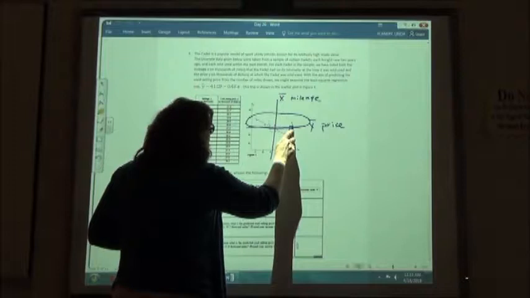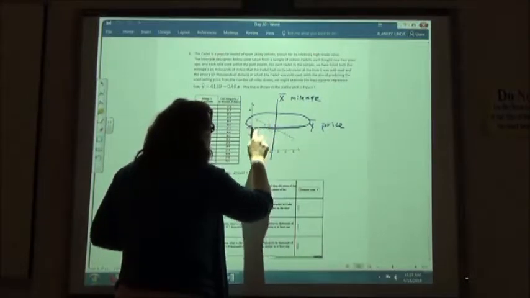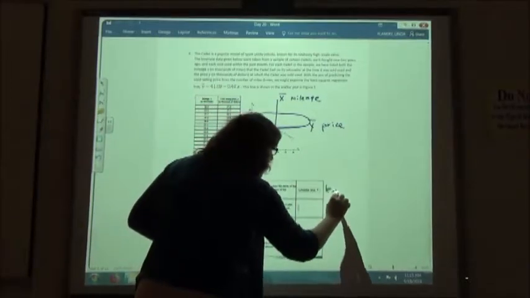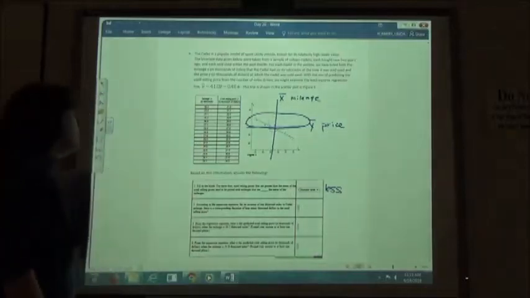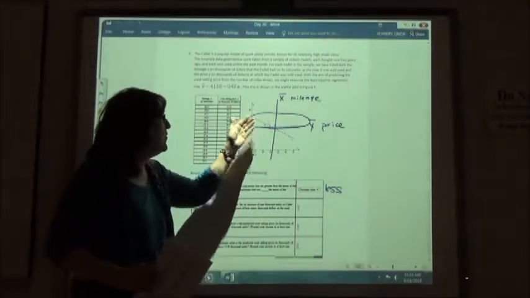Do I have more mileages to the left or to the right? We have more dots over here on the left side, so that means it's less than the mean of the mileages. If I were on the right, it'd be greater. On the left, it's less.